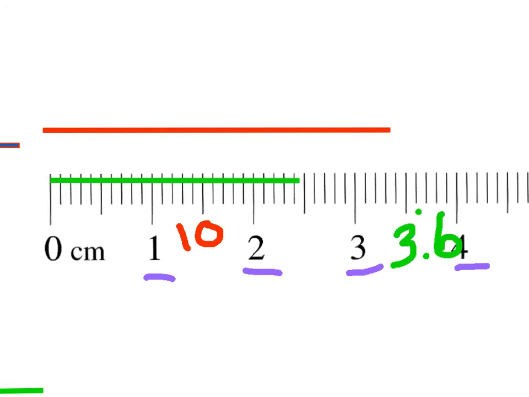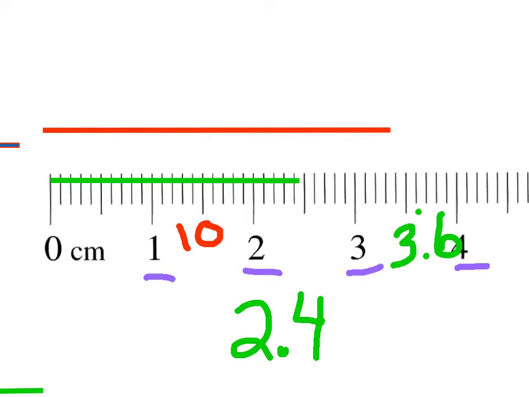Okay, so looking at this, I can tell that for sure my ones place is going to be a 2, because we're past the 2 but not to the 3. And again, it looks like we are past the 4 tenths but not to the 5th. And here's where we get to estimate.